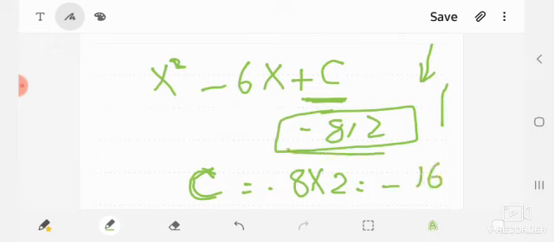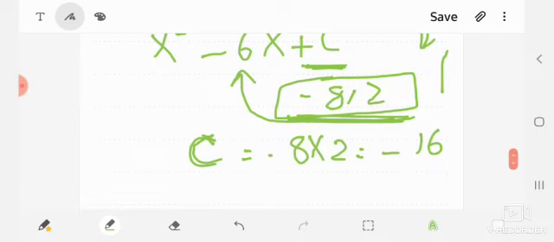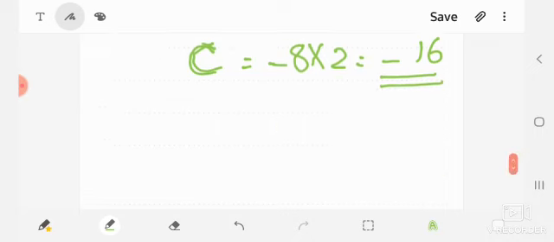Why did we choose minus 8 and 2? Because the sum of them gives the coefficient of the middle term. So c is minus 8 times 2, which gives us minus 16, the only negative value of this c.